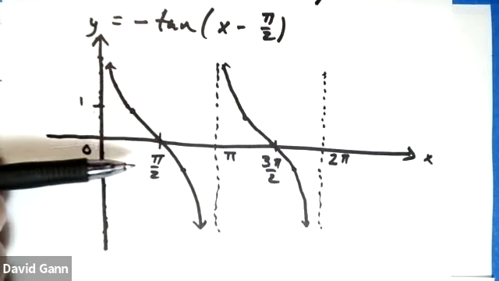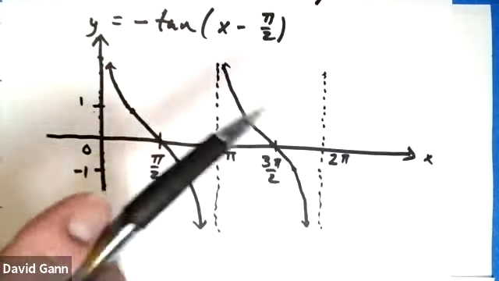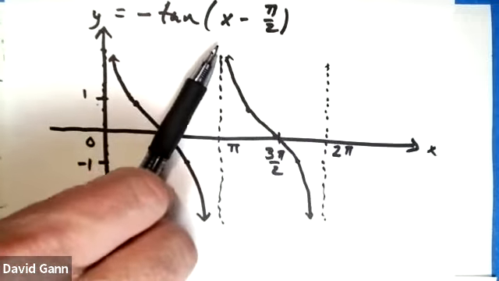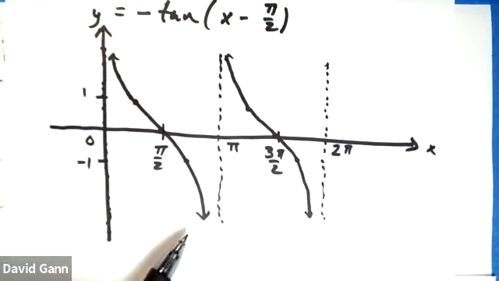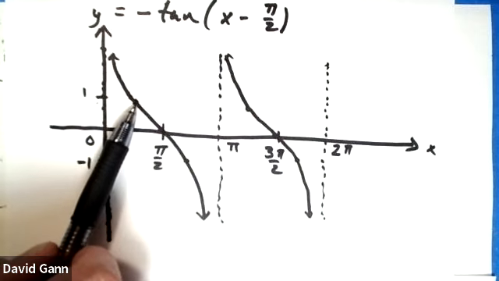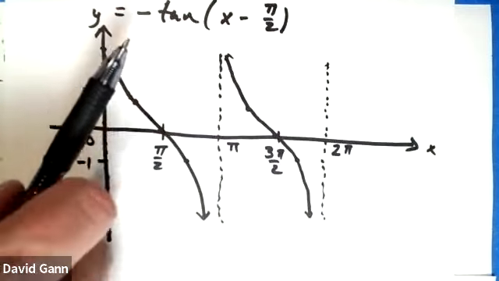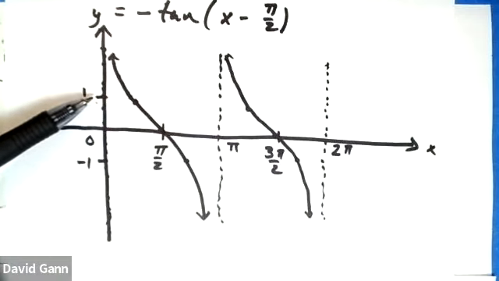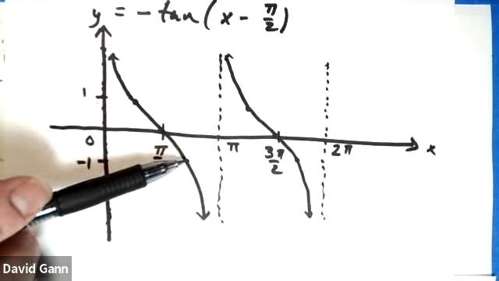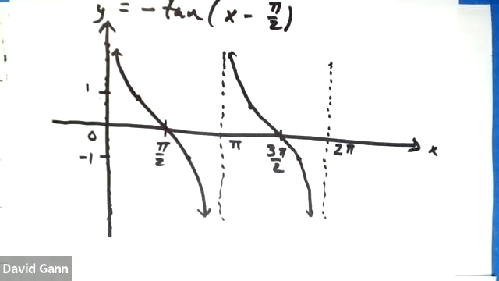Now, the only thing left to put together is that at these quarter points, rather than being an increasing function, which it would be normally, because we have a negative sign in front of it, it's actually a decreasing function. But the absolute value hasn't changed. And so this first point occurs at +1, and the third quarter point occurs at -1. So what we have sitting here is the graph of cotangent.